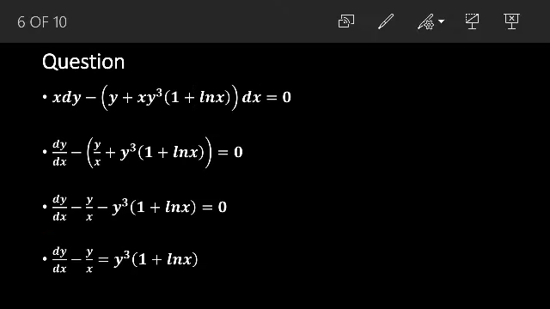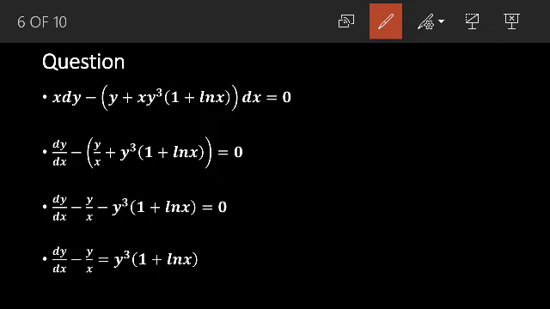another question here. We have x dy minus y plus xy cube into 1 plus ln x, dx equal to 0. Now we want to rearrange this to look like a Bernoulli's equation, so I can start by dividing through by x.